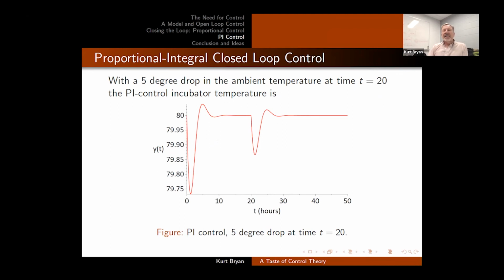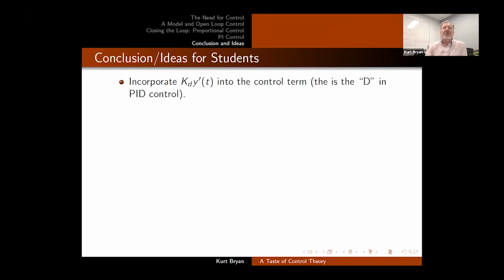All the MEs and double Es and the chemies know that they're going to take a controls course, so they're motivated to understand this. And then some conclusions and some other things I've done. This is PI control. The more general term is PID control. D is for derivative.